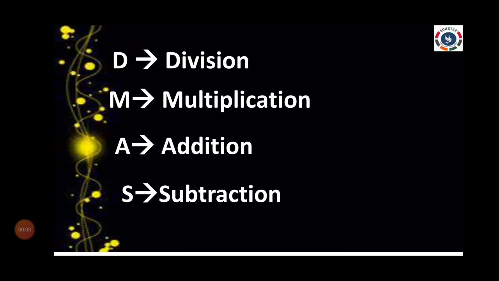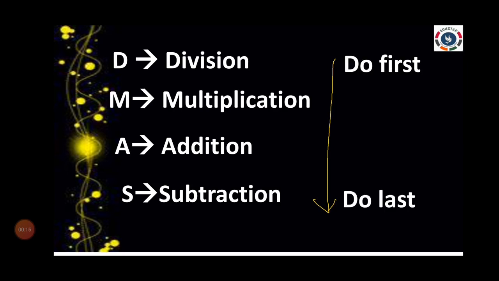When 2 or more operations are given in a single sum, we have to follow the simplification rules. We start from division and finish at subtraction. So if the 4 operations are given in a single sum, first we divide the values, then multiply the values, then add the values and subtract the values.